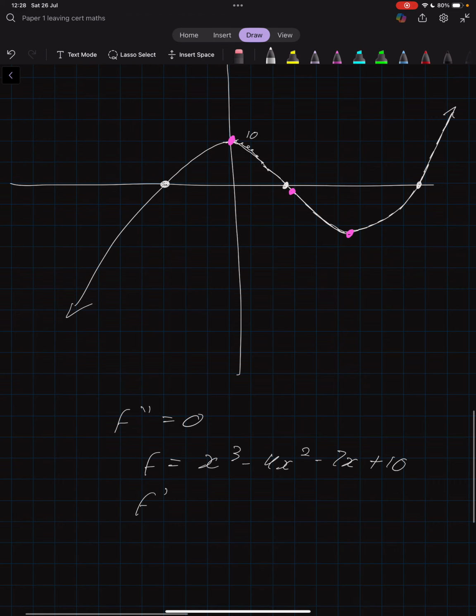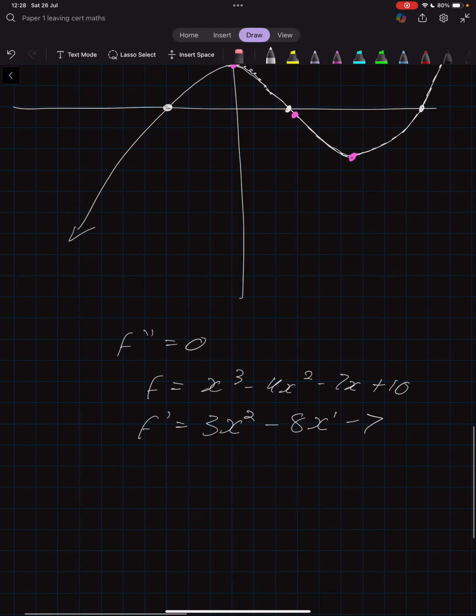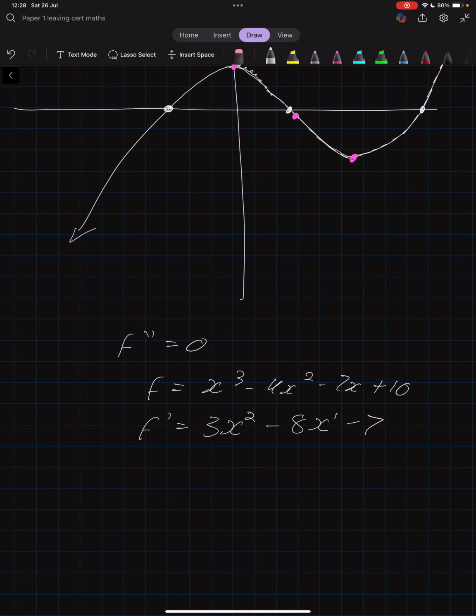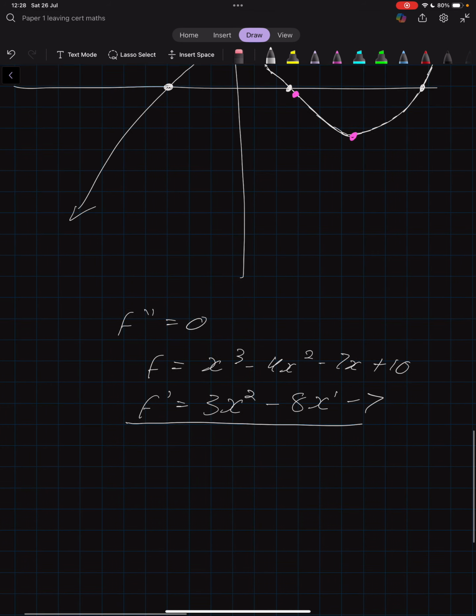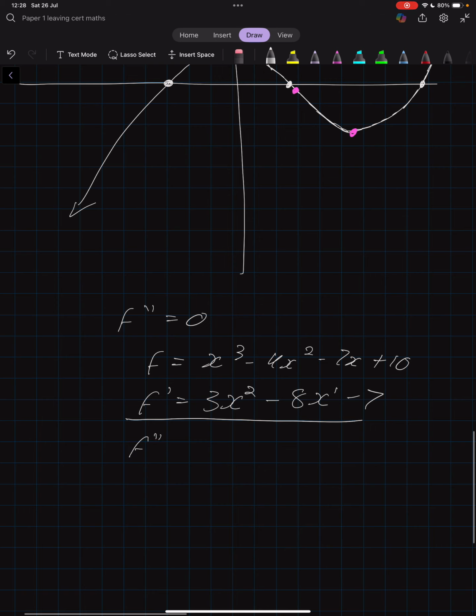So first of all, the first derivative is going to be: bring down the 3, minus 1 half the power, bring down the 2, minus 1 half the power, and then this is just minus 7. So this is f prime. F prime prime now, again, take the derivative again, so it becomes 6x minus 8.